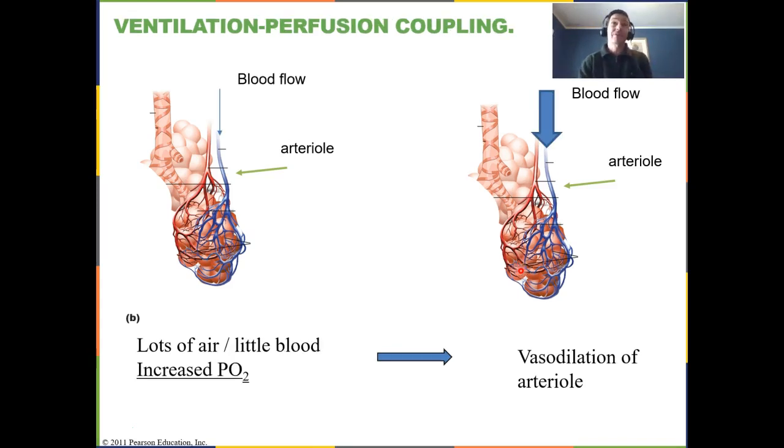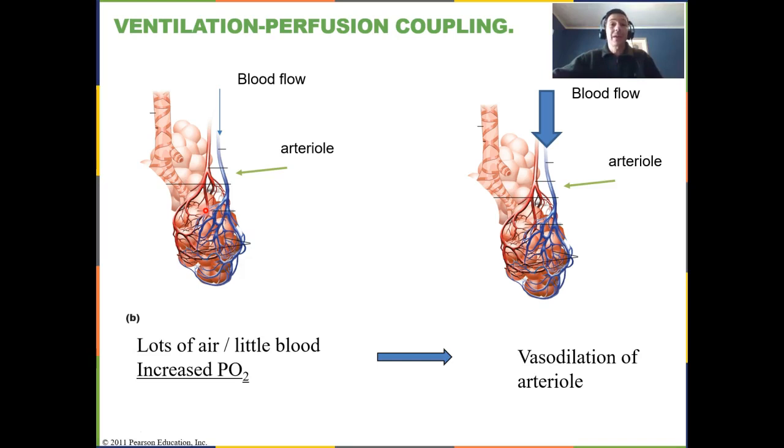Here we have the same picture. Sorry, I don't have inflated and deflated alveoli, but this is just the opposite situation that you need to imagine. Now this alveolus is very well ventilated, so there's lots of air flowing into it, but not a lot of blood flowing into our arteriole. So this means that there's going to be a high partial pressure due to oxygen in this arteriole, or in the alveolus.